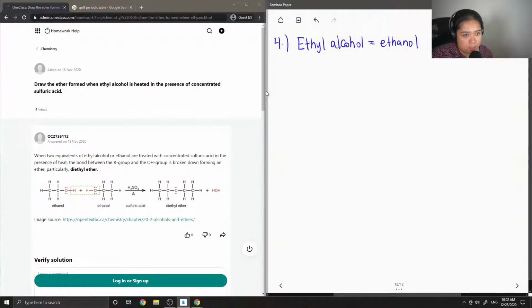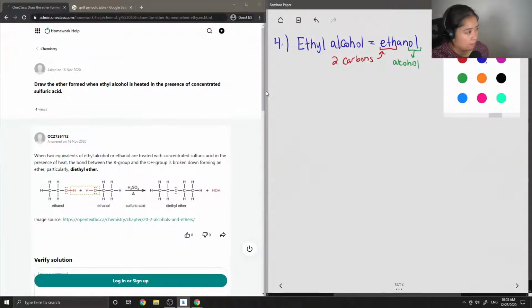Because it has the prefix eth, that means it has 2 carbons. And the fact that it ends in -ol means that it also contains an alcohol group. So this will help us answer the question.